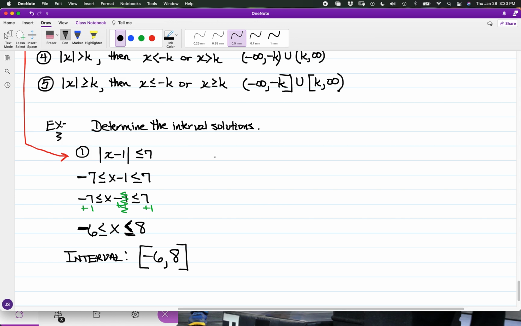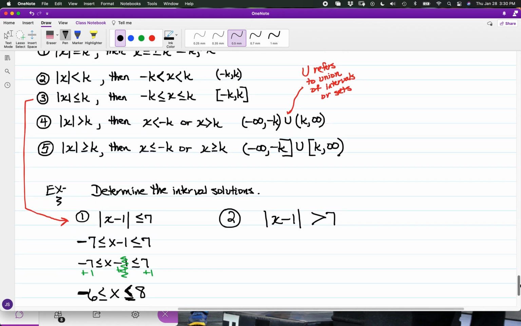And if I have, let's say, and I'm just going to keep the absolute value of x minus 1. And if I have that the absolute value of x minus 1 is greater than 7, I'm keeping the k value at 7.